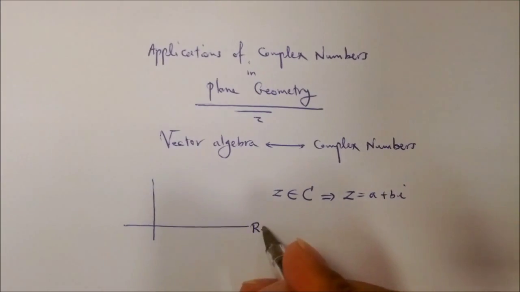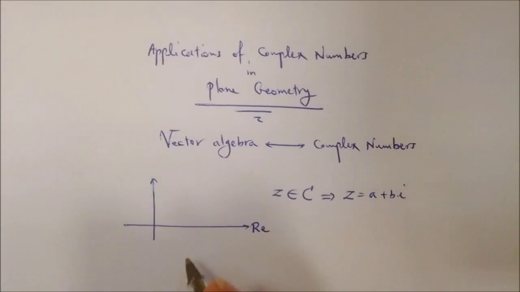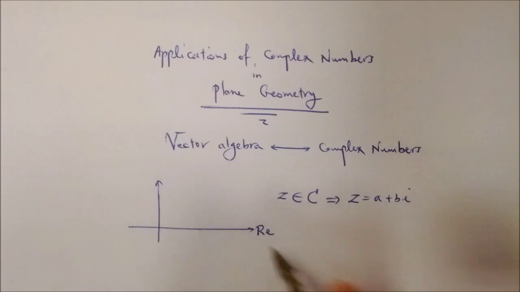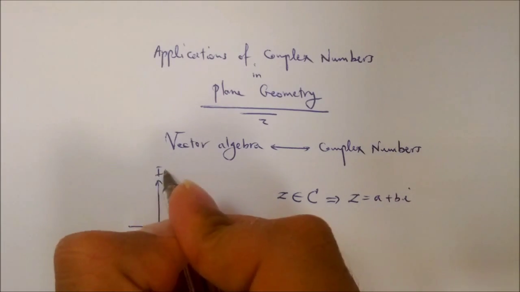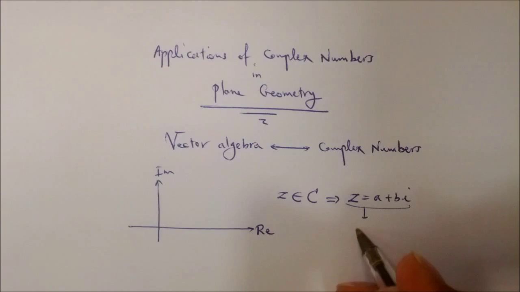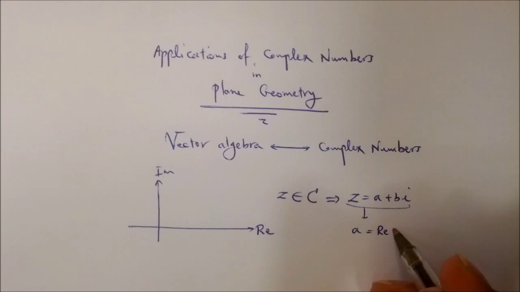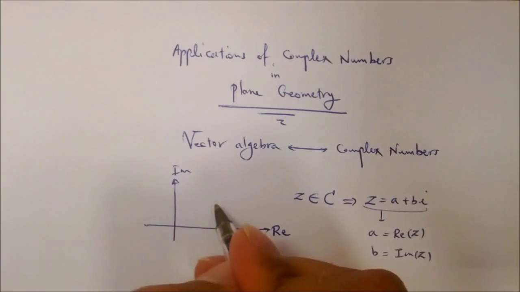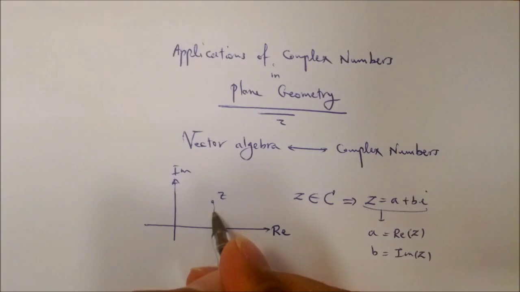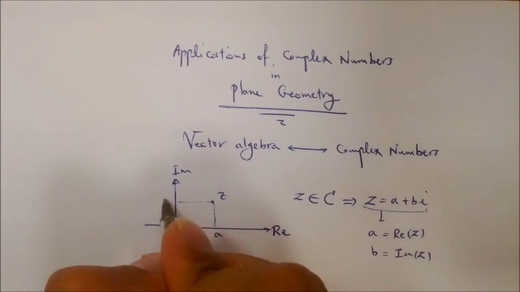So in the complex plane I have the real part and the imaginary part. In this notation, a is simply the real part of z and b is the imaginary part. So I can define z here with its two components a and b.